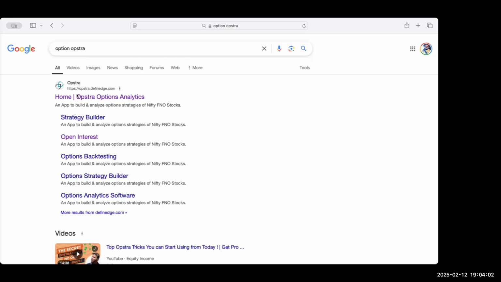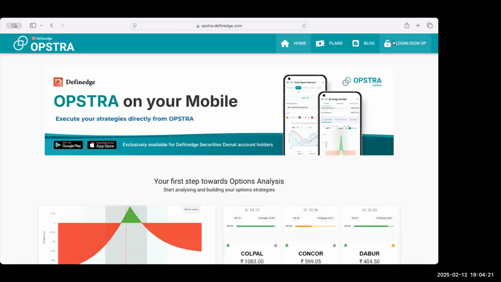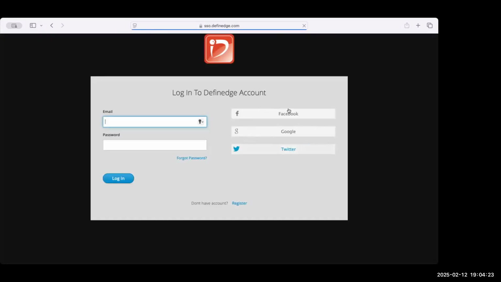For option analysis, you can see on my screen there is something called Opstra. Hope you guys are seeing my screen. Is that visible? Yes. This Opstra is a free website. Click on this, and you need to register yourself or log in through your Gmail. I always go with Google because it is easy for me to log in.